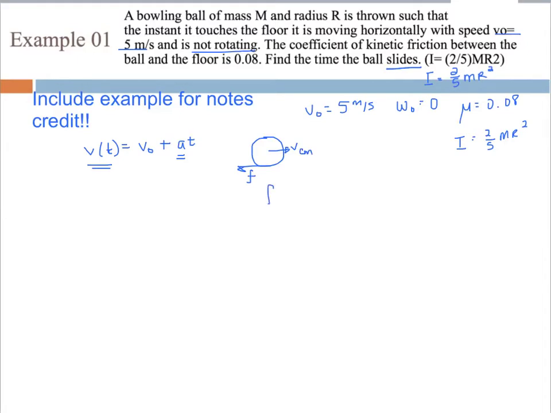So my friction is going to be equal to my mass times acceleration. These are the net forces in the x direction. Friction can be written as mu times my normal force, or in this case, mu times mg is equal to mass times acceleration. And here you can see that the masses will cancel out, and you're left with an expression for your acceleration.